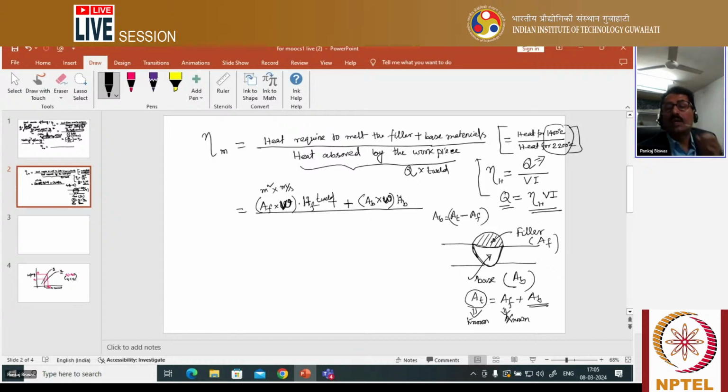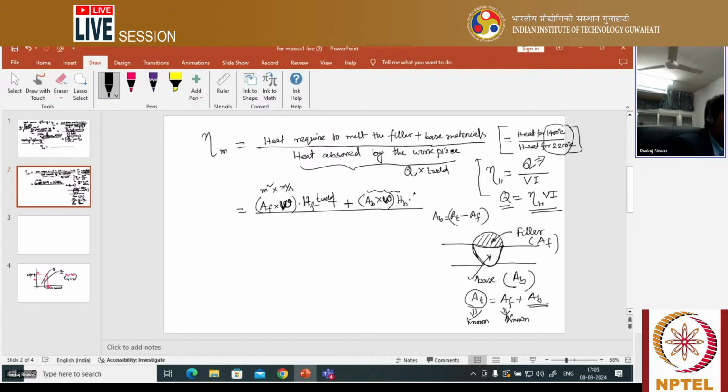HB is the heat required to melt a unit volume of base material. This you should keep in mind. So this will give you the total heat required to melt the base material per second.